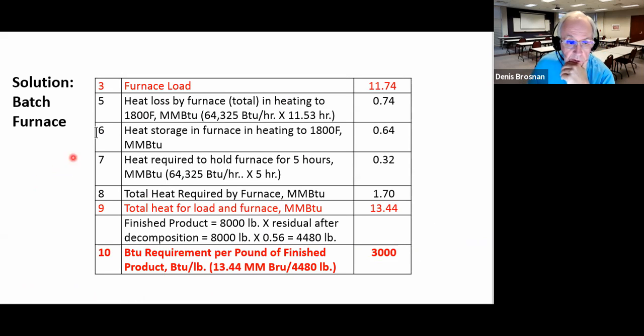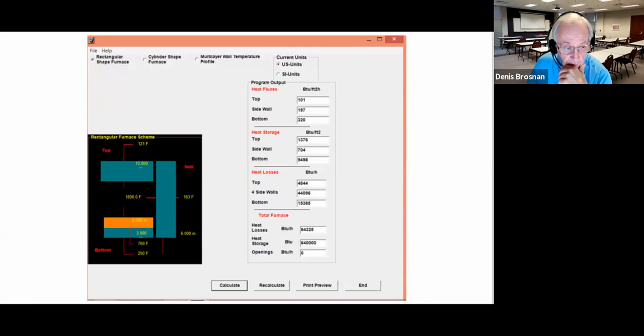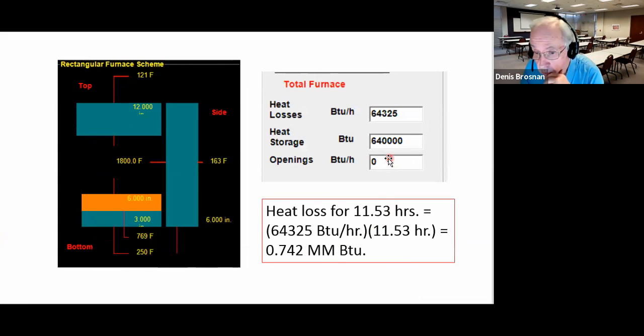Now we're going to add all these up. The heat loss by the furnace, we just calculated that. The heat storage by the furnace in heating up to 1800 Fahrenheit. But now we've got to deal with the dwell time. 5 hours times the furnace heat losses. Let's go back. Furnace heat losses, I went back too far, pardon me. 64,325.